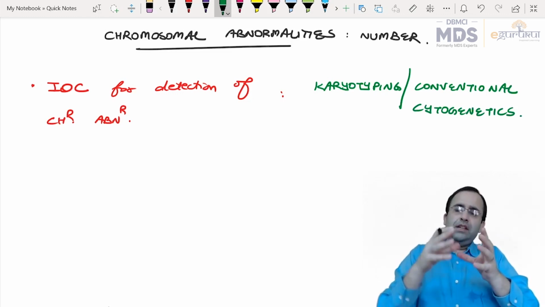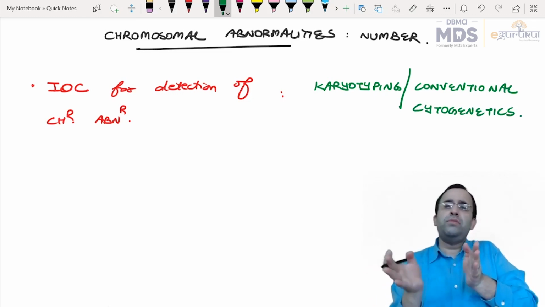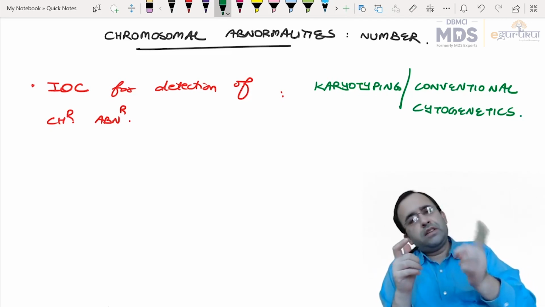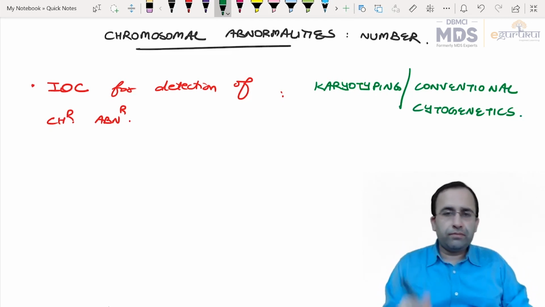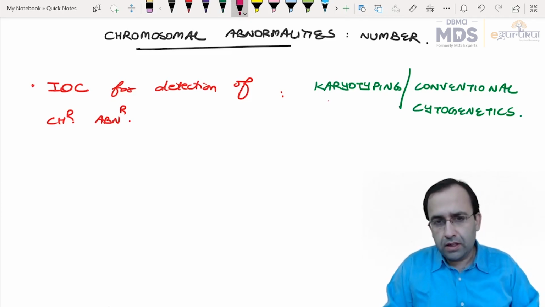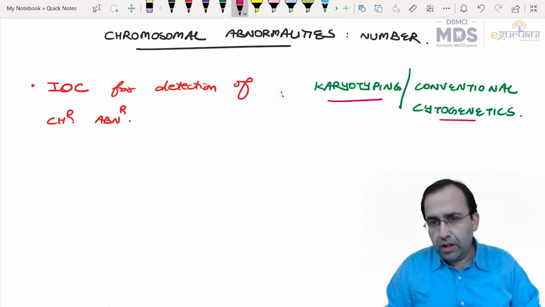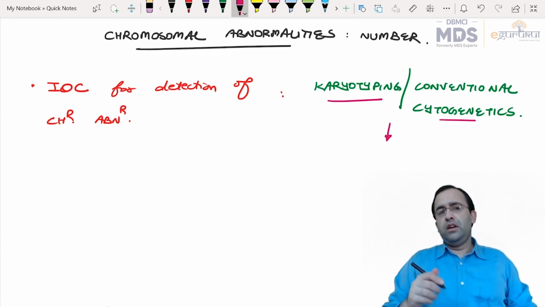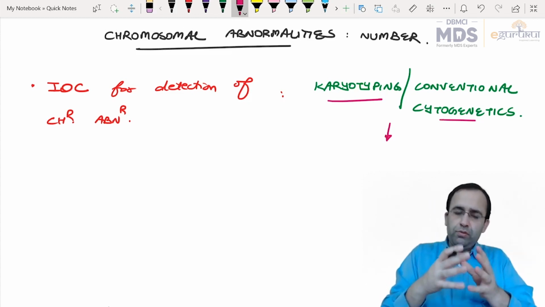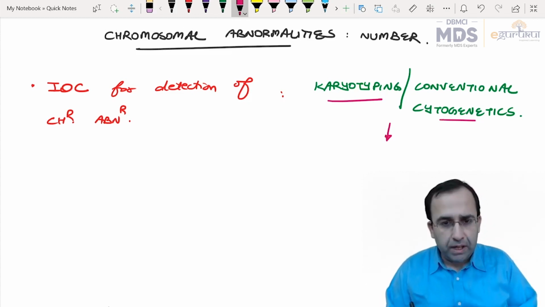All of you would have seen those 22 pairs of chromosomes, 1 X and 1 Y, that is karyotyping or conventional cytogenetics. From 11th and 12th class biology, you know that in karyotyping, the chromosomes are arrested at metaphase.